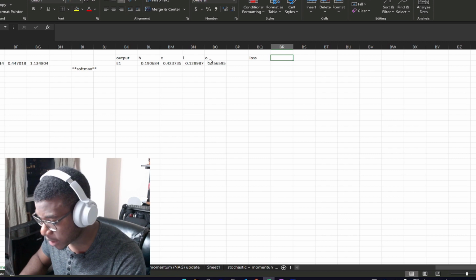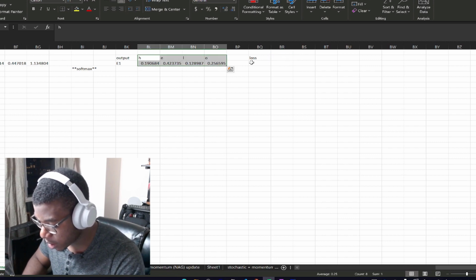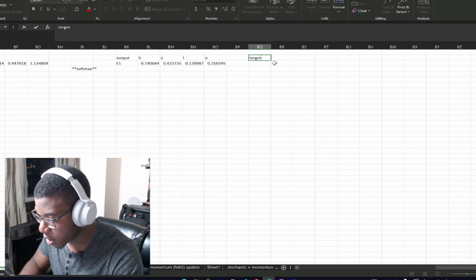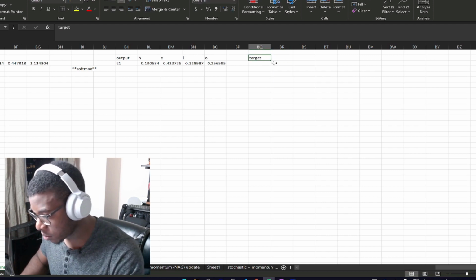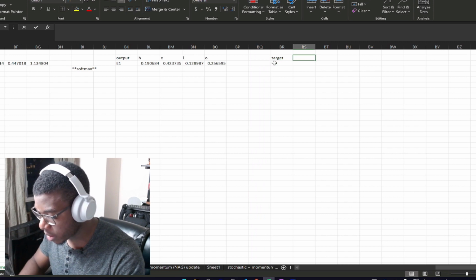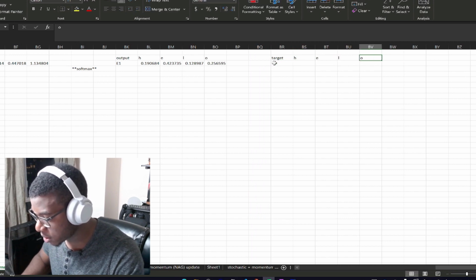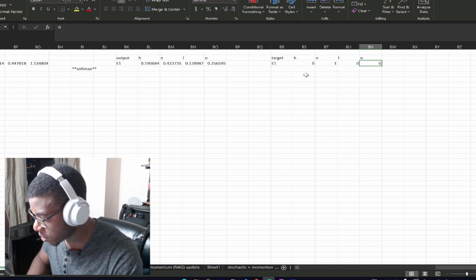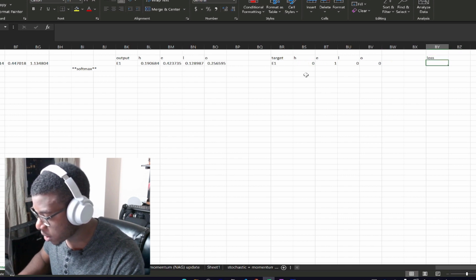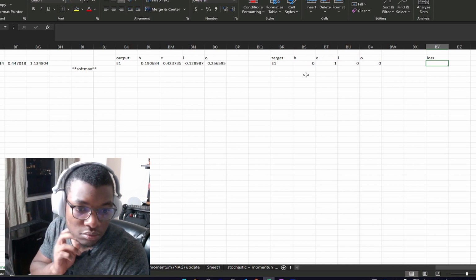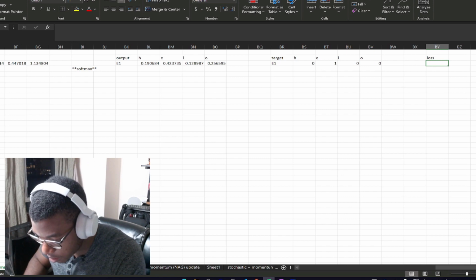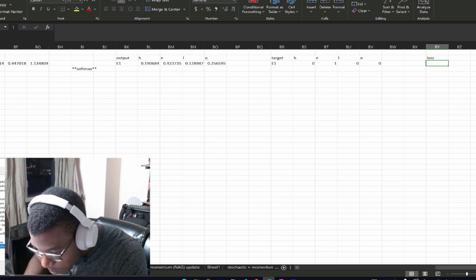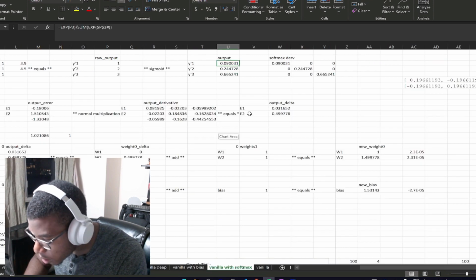So what we actually expect at this point in time is, this is the target. We expect this to be 0, this to be 1, this to be 0, this to be 0, and so then our loss will just be, because this is cross entropy loss, let me see if I have a formula for that.